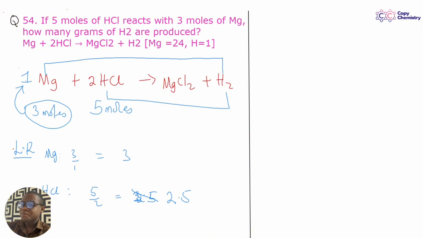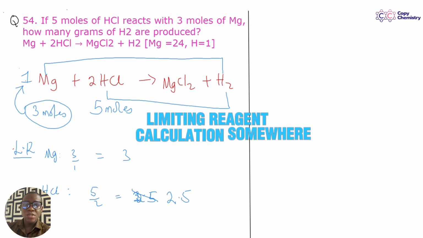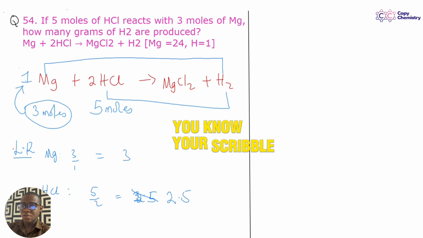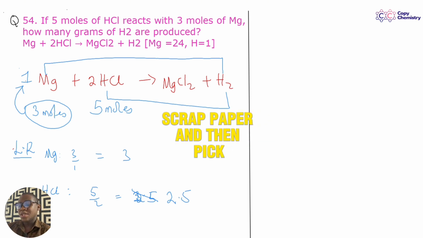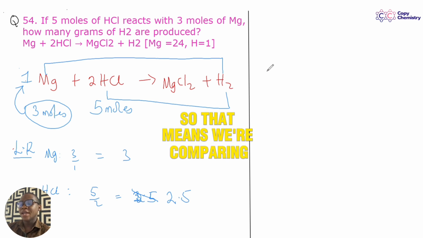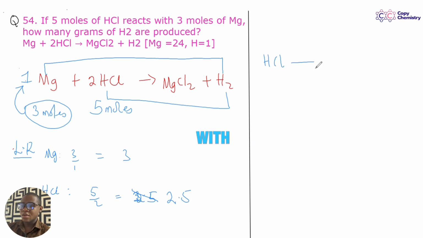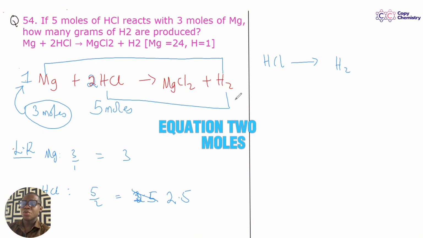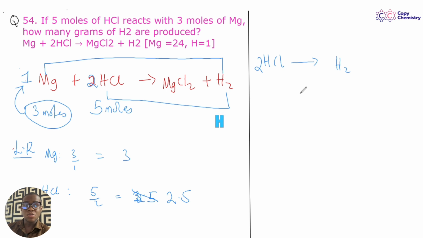Is this clear? You can do this limiting reagent calculation somewhere in your scrap paper, and then pick the fact that HCl is our limiting reagent. So that means we're comparing HCl with H2. From this equation, 2 moles of HCl produces 1 mole of H2.